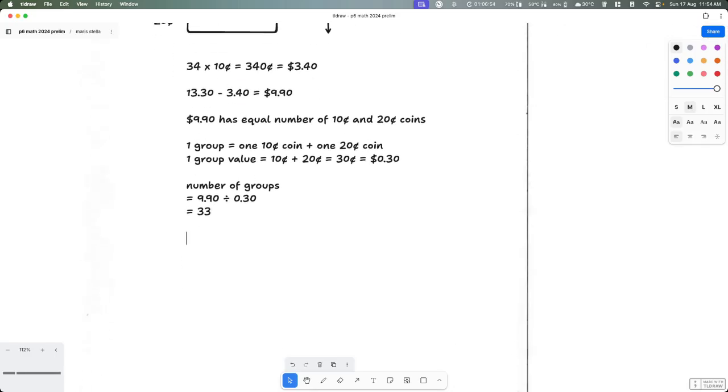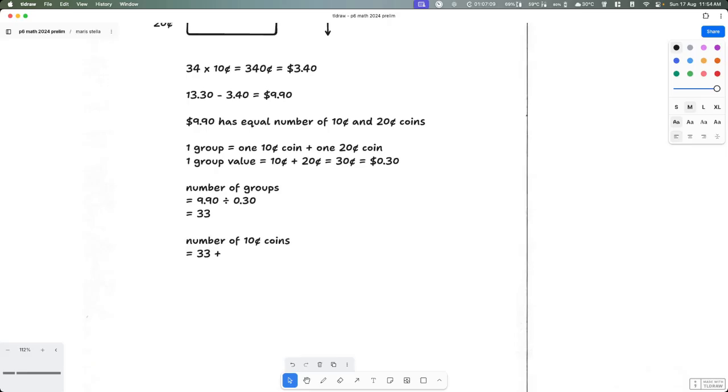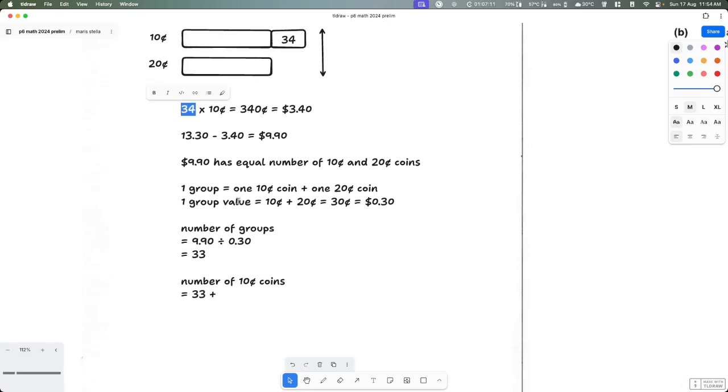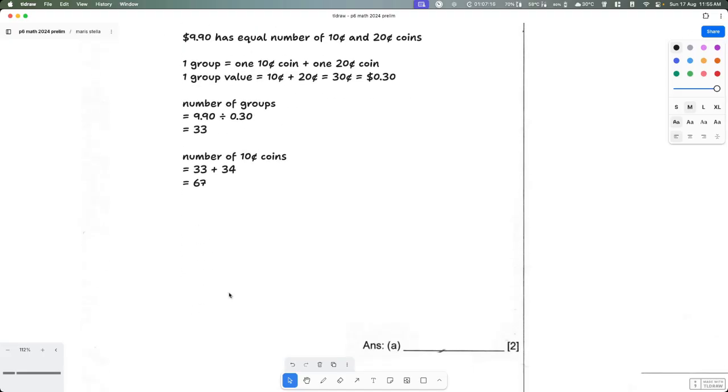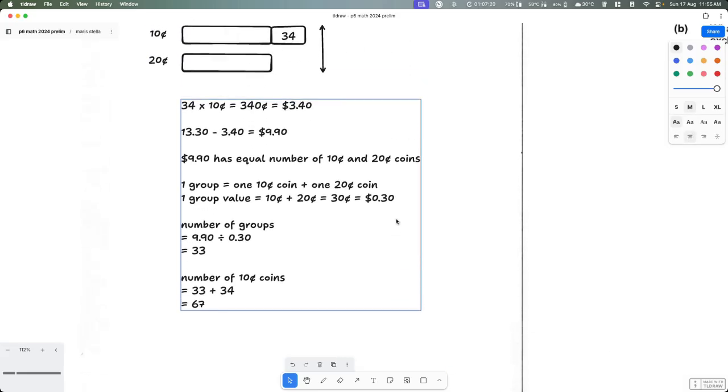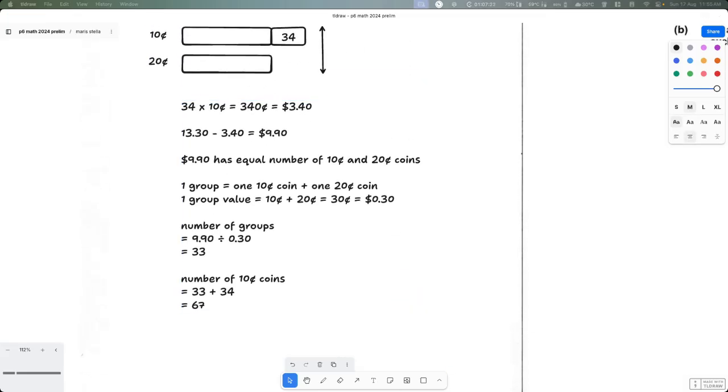So number of 10 cent coins is equal to, we know one group has 33, plus we also know that we have an additional 34. So that means this will be 67 10 cent coins, and that's the answer, 67. Okay, let's move on to part B.